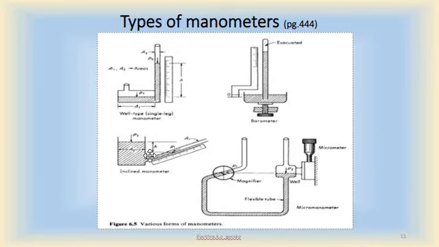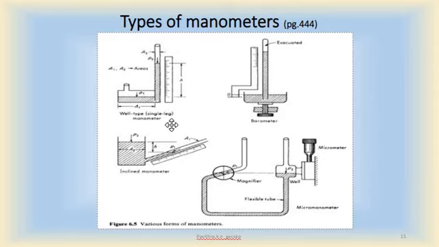Because this tube is inclined, whereas in all the others you can see the tube is vertical. So compared to a vertical tube, if it is inclined, the motion of the fluid inside it would be somewhat greater. So this is the principle of the inclined manometer.